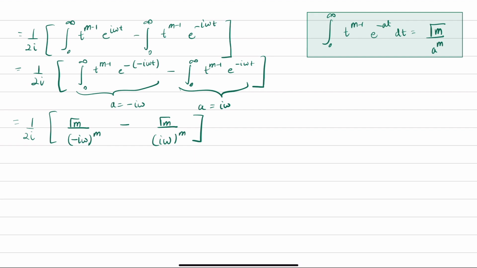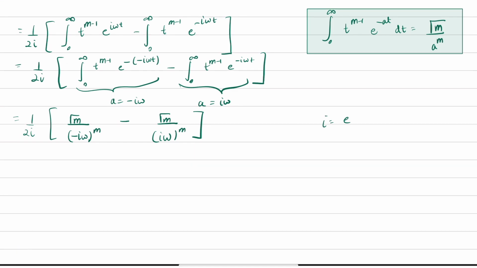You must always remember that i equals e^(iπ/2). How did this come? Now let us derive this as well. How can you write e^(iπ/2)? It is cos π/2 + i sin π/2, right? And cos π/2 is 0.